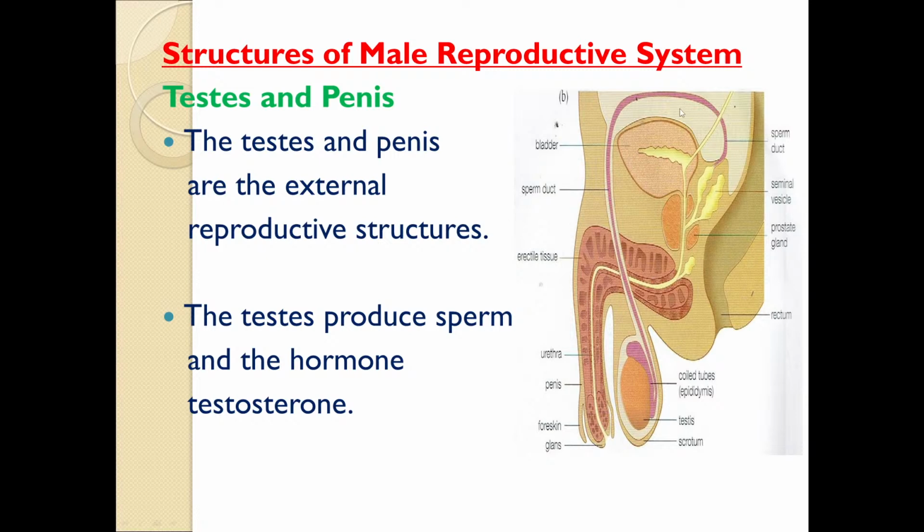What this hormone does is instruct the body to have a deeper voice and to have more hair growing on the body. That's why you'll find more hair on a male body versus a female, and the voice of a male is normally deeper. Testosterone is also the hormone that allows sperm to be produced.